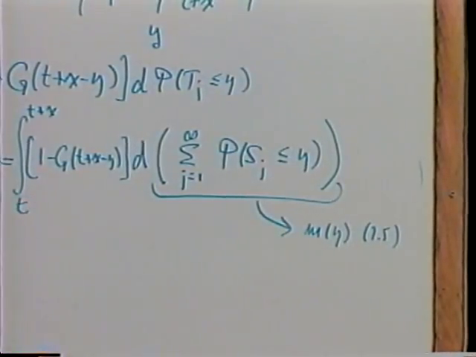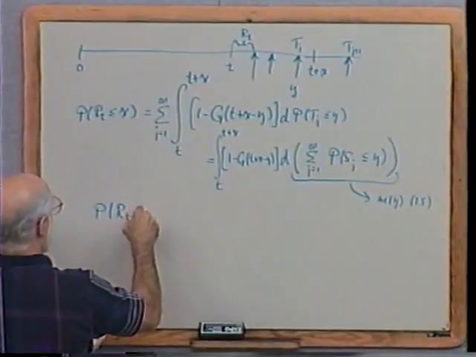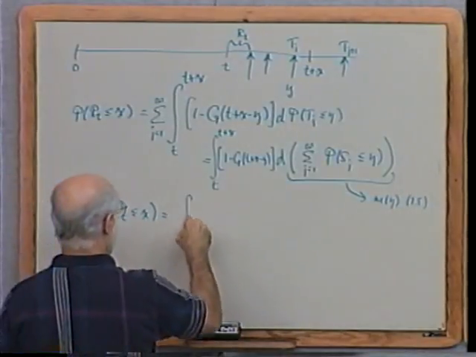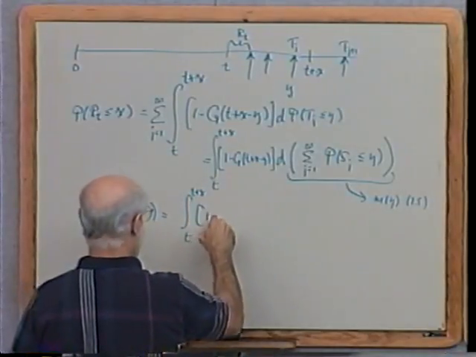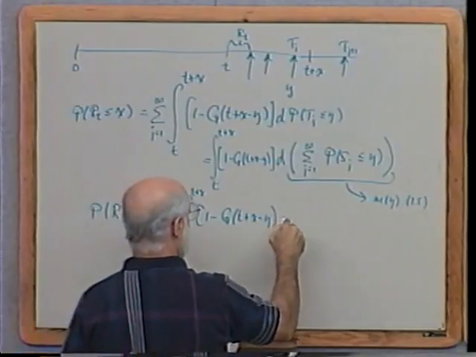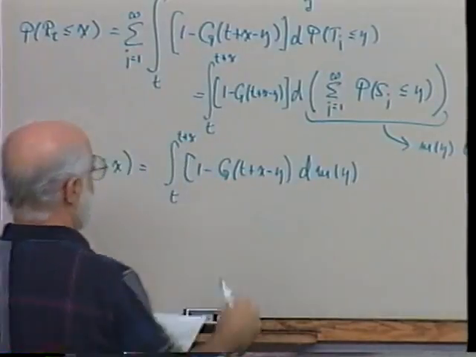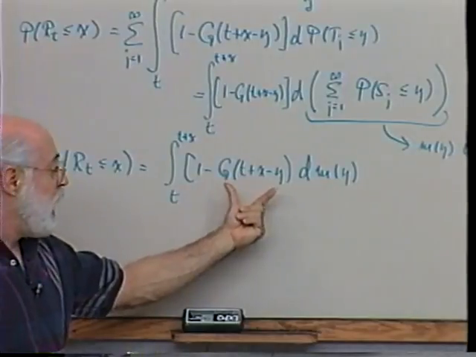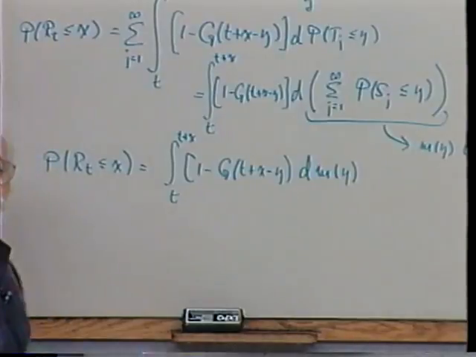That means that where it stands now is that the probability that the forward recurrence time is less than or equal to x is the integral from t to t plus x of 1 minus g of t plus x minus y, dm of y, where g is the distribution function of the times between renewals, the inter-renewal intervals, and m of y is the expected number of renewals in an interval of length y.